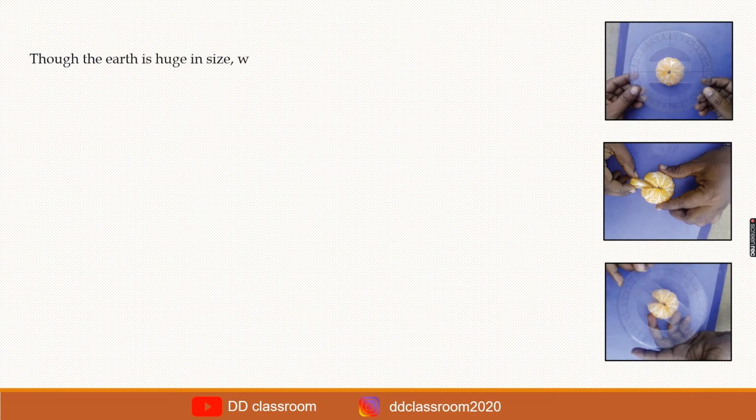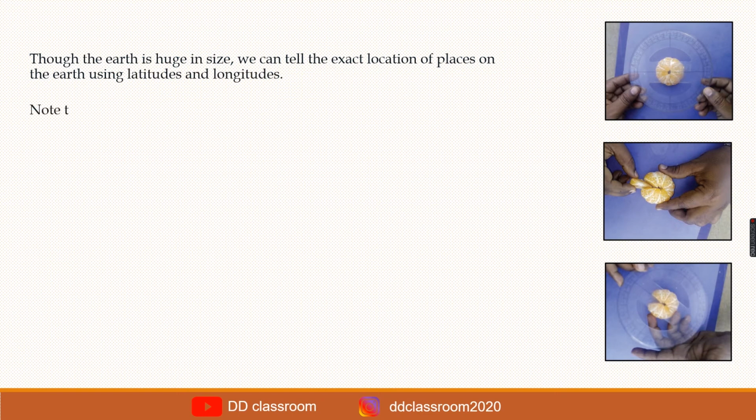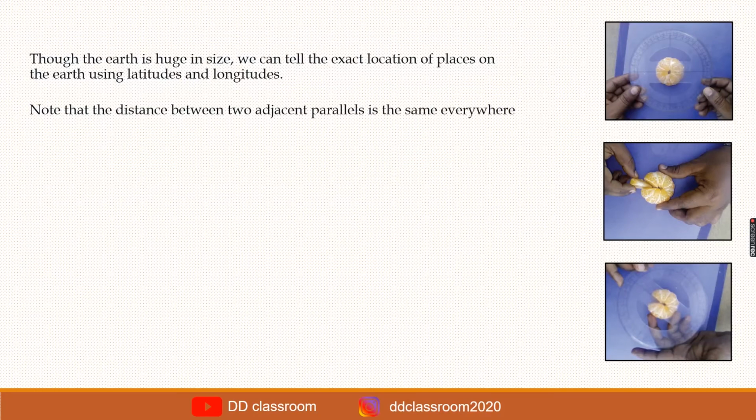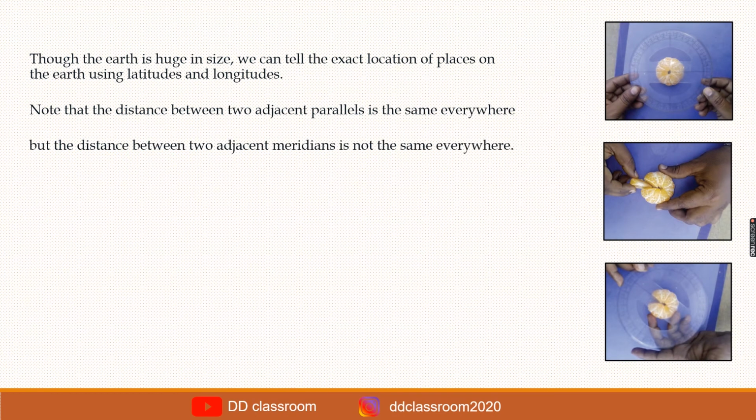Though the earth is huge in size, we can tell the exact location of places on the earth using latitudes and longitudes. Note that the distance between two adjacent parallels is the same everywhere. But the distance between two adjacent meridians is not the same everywhere.